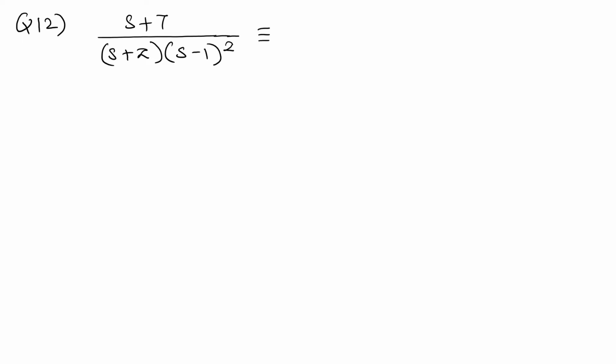The first one is a over s plus 2, and then the second one is a repetition. So we start with the smallest one, which is b over s minus 1, and the rest of the terms follow the same pattern. That means c over (s minus 1) squared also follows the same pattern. So the goal is to find a, b, c, using the standard technique.